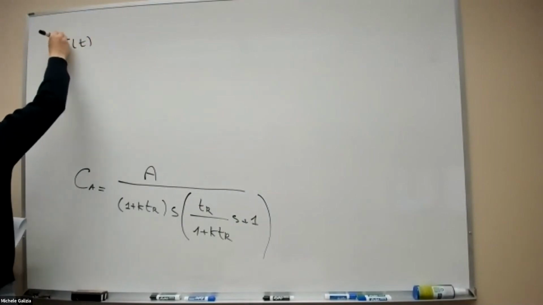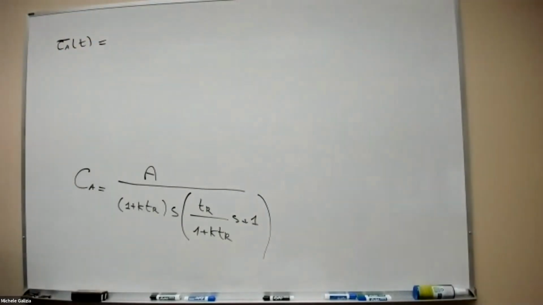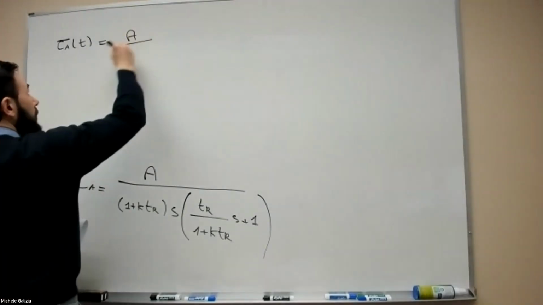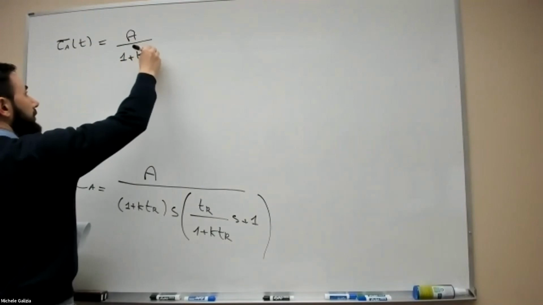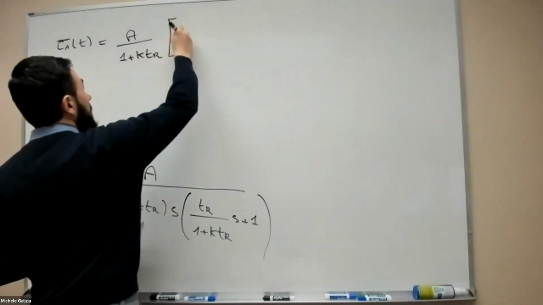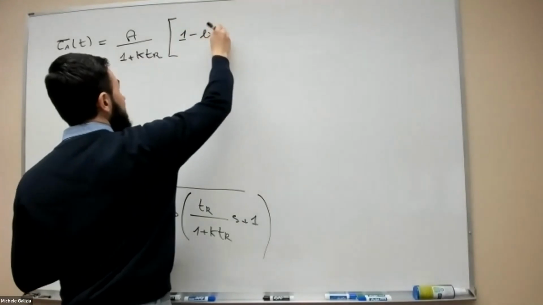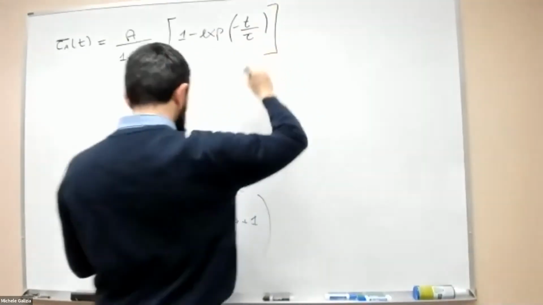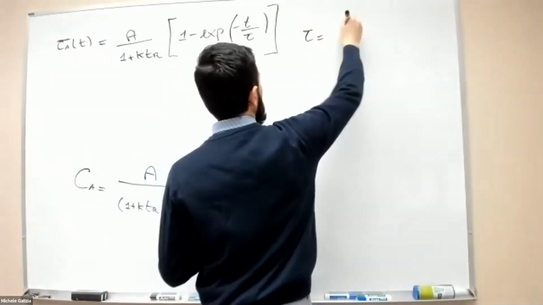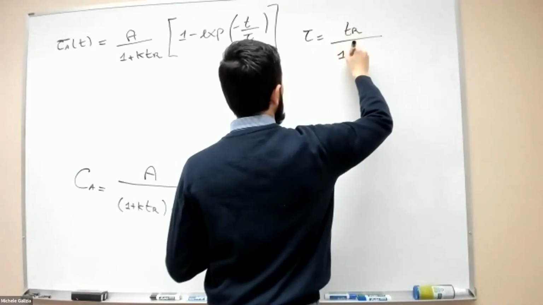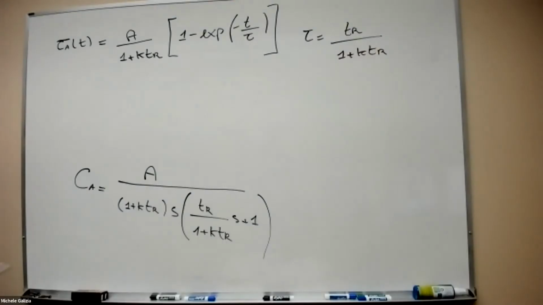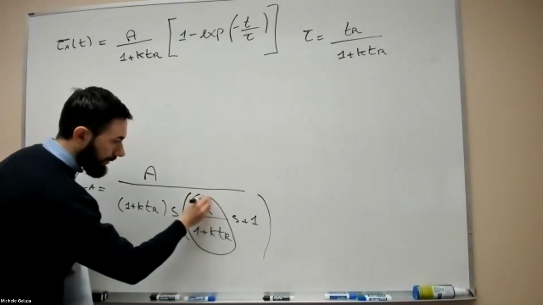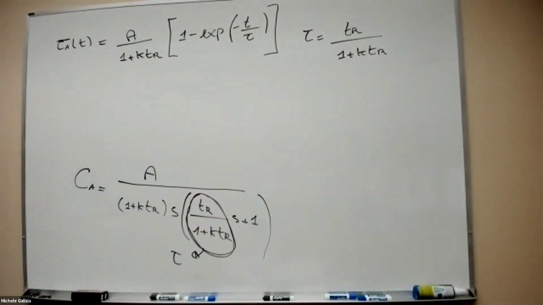So CA deviated as a function of time will be A over (1 plus K TR) multiplied by 1 minus the exponential of minus t over tau, where tau is TR divided by (1 plus K TR). This is basically tau. Okay? Still there? Yes, that makes sense.